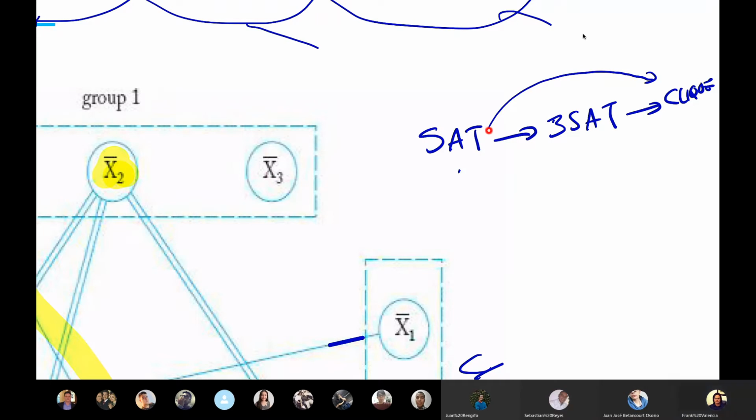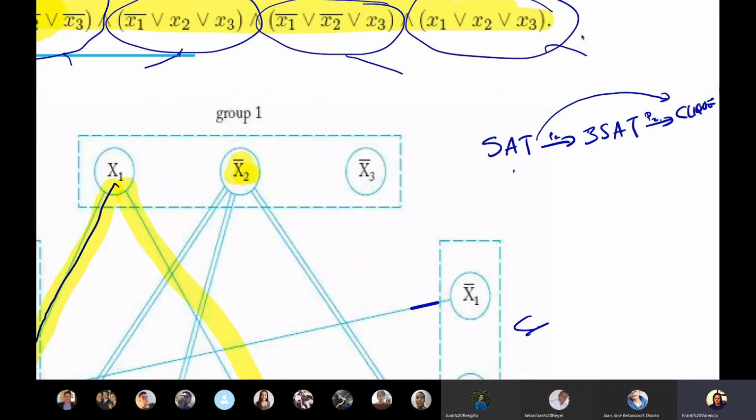The question is, why does this give me a polynomial time reduction from SAT to clique? Maybe because we are assuming a finite amount of polynomials, and that it's a polynomial. Exactly. Because the sum of polynomials is a polynomial, right? But when there are finite polynomials. Yeah, and there will be only finite problems. Okay.